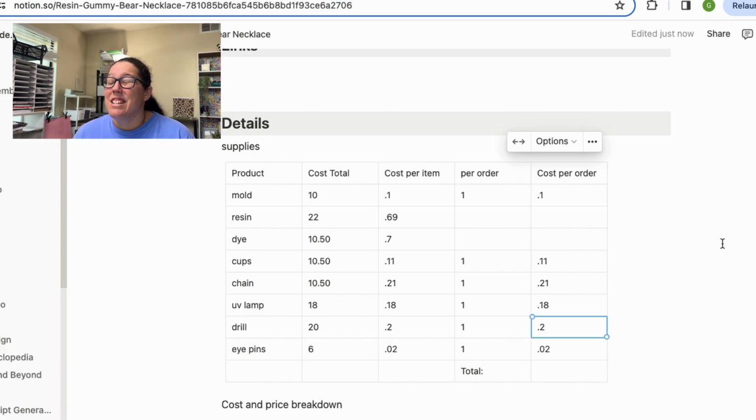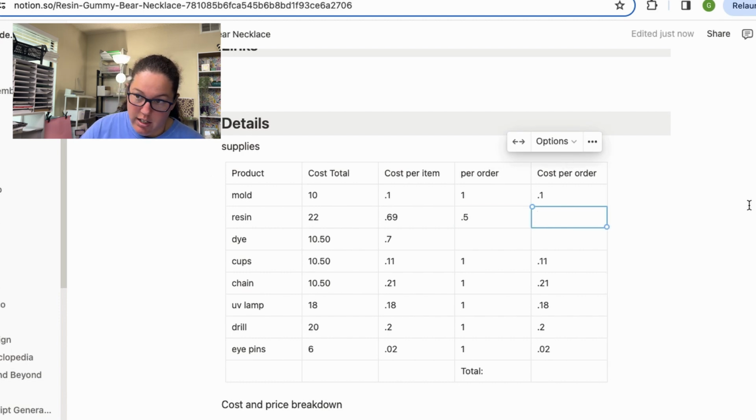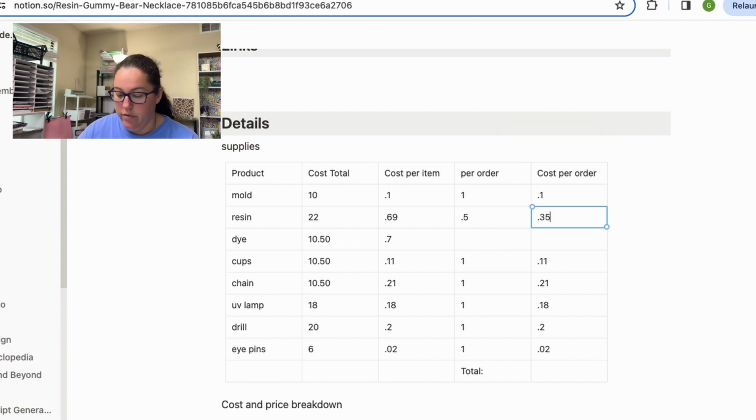So then that's double, so 32. 32 times 2. So 60. I can make 64 bears possibly with this dye. Oh, I already did per ounce, so then half of that, and then 69 divided by 2 is 0.35.